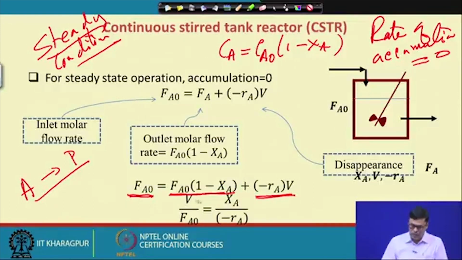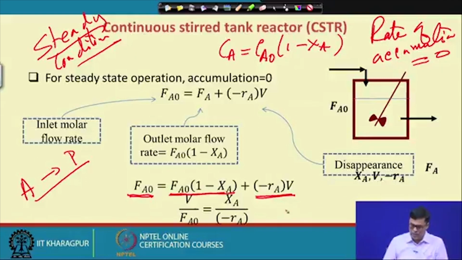So if you solve this equation, we will get V by Fa0, am I right, into Xa by this. It's a simple equation. If you solve this equation, Fa0 will cancel, and then it's minus Fa0 into Xa.